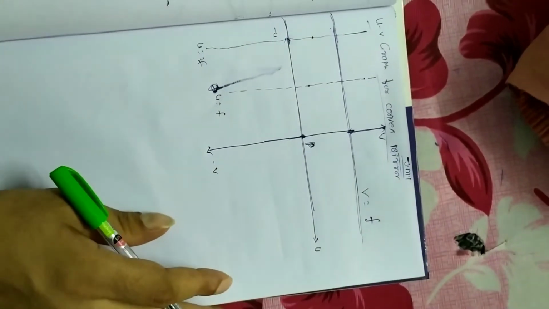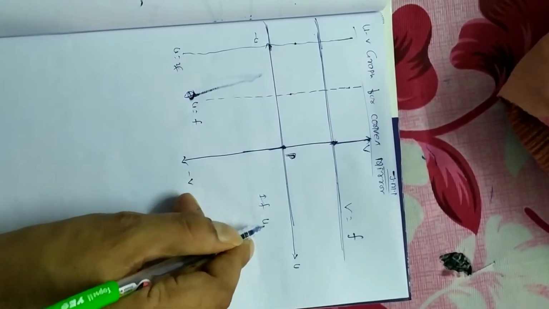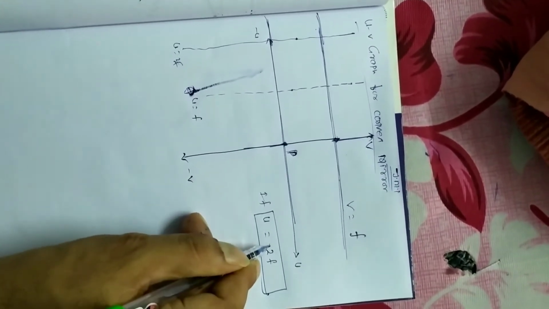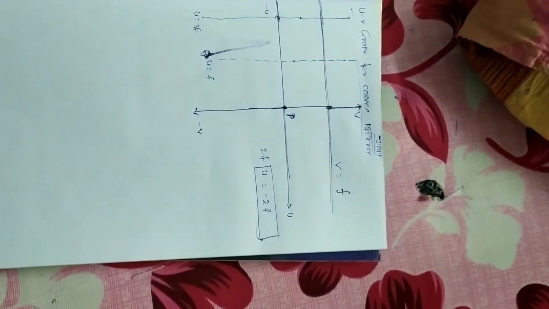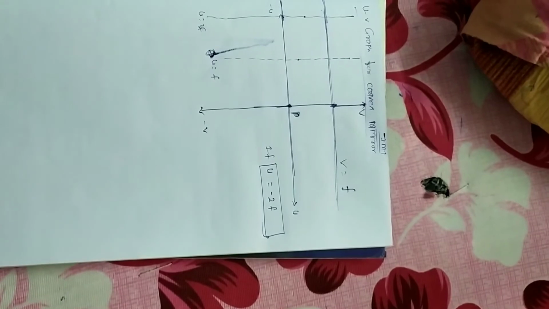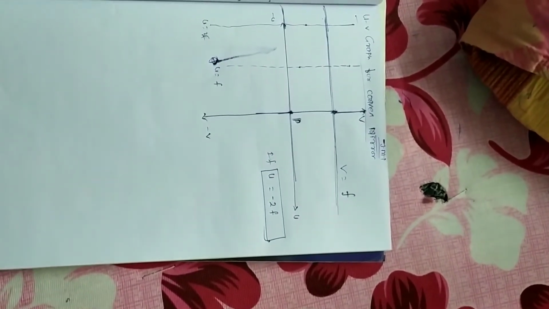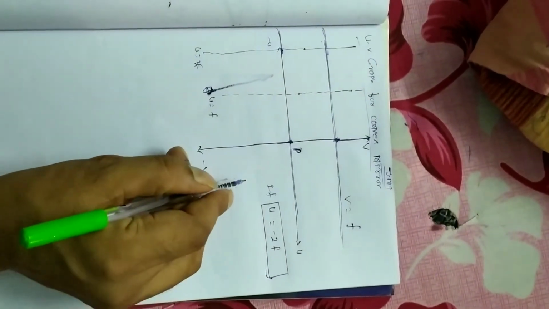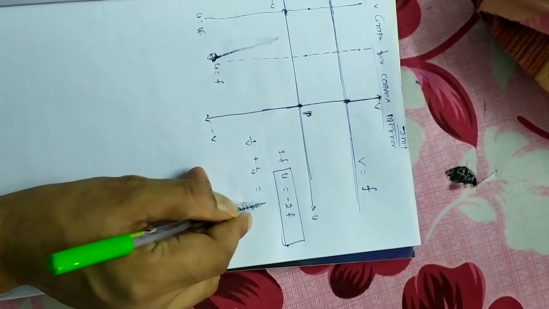Here we get the practical overview about the graph. I will take three to four practical examples. Suppose u is equal to 2f, it means the object is at the center of curvature 2f. Then tell me where the image will form. According to the concave mirror case, the image will form at the same point, inverted, real and of the same size. But in that case, this concept we cannot apply. You can calculate: 1 by v plus 1 by u is equal to 1 by f.